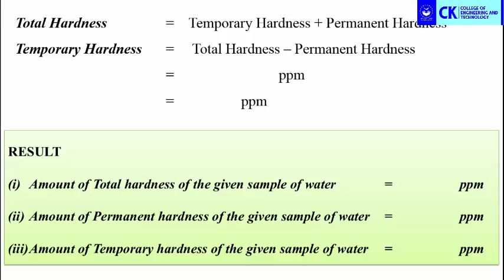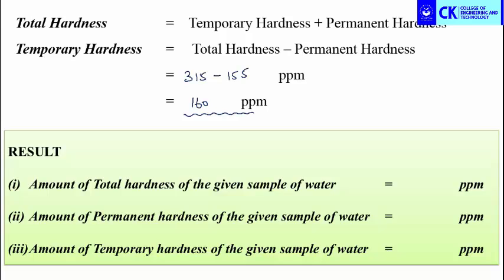The total hardness we obtained is 315 ppm and the permanent hardness is 155 ppm. If you subtract this from the total hardness, you get the temporary hardness. So 160 ppm is the result of temporary hardness.